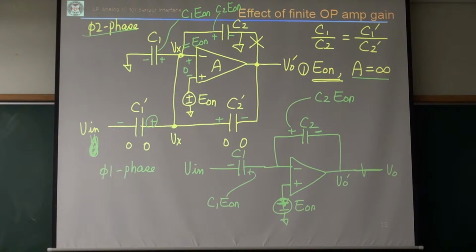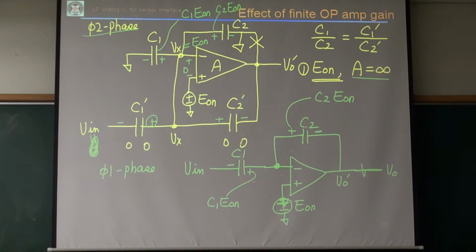At the end of this path during phi1 phase, there is no DC path for this cassette. So the sum of charges inside this cassette must remain the same.